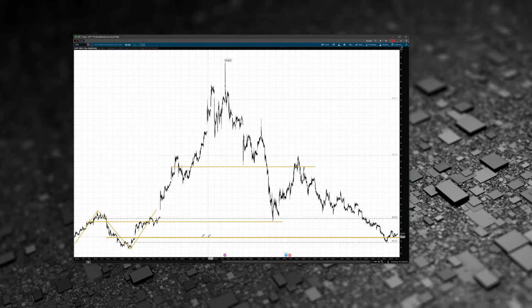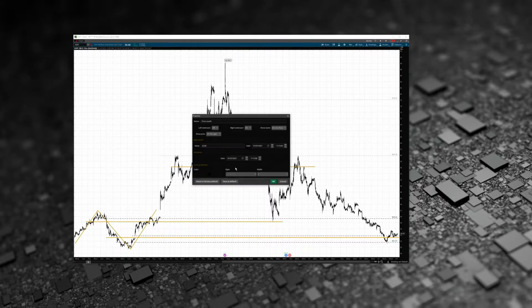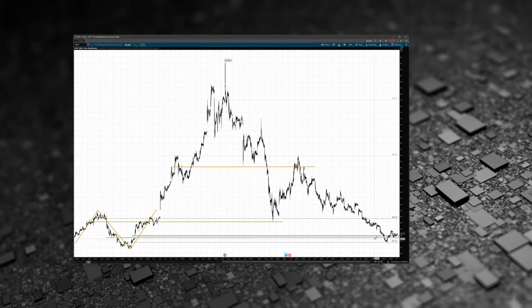Question being, did we break support over here? Yeah, we probably broke it right here. So if we broke support here, we'll edit properties, make this the level that is a qualifier, right? So we need to find the move that broke that.